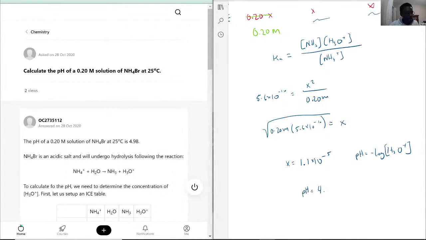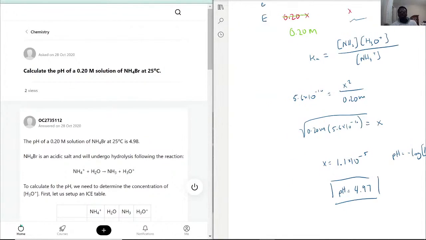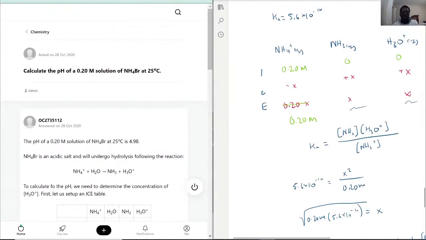4.97. So in regards to the pH of a solution of NH4Br at 25 degrees Celsius, that 25 degrees Celsius wasn't really necessary. It just makes you reaffirm that we're dealing with standard temperature and pressure, so you can continue solving it how you would. They want you to create an ice table, which is what we did.